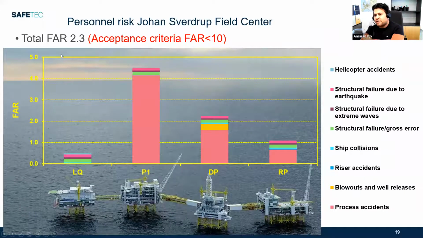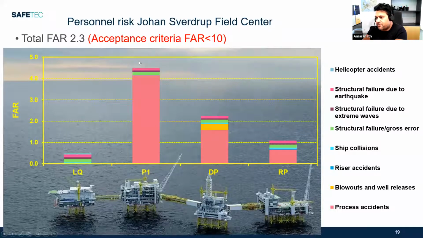So based on the frequency and the consequences, you can establish the risk picture, and this is a typical risk calculation or risk result that you can find in an offshore risk assessment. So this shows you the presentation of the personal risk. Again, this is for the Johan Sverdrup field center.